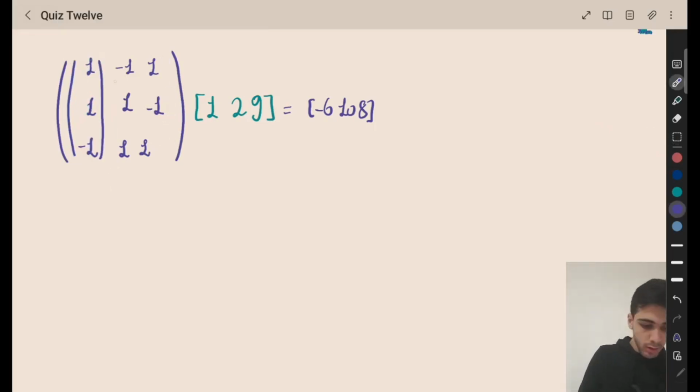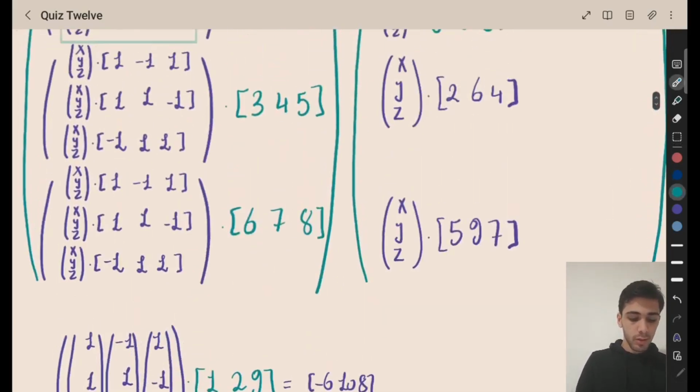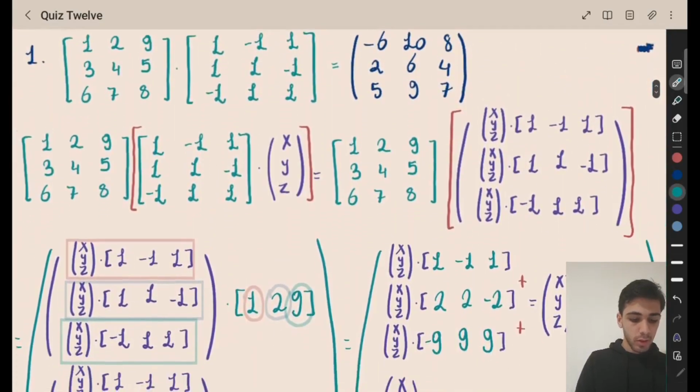And then we apply a dot product. And this is where the multiplication of the row by the column comes from.